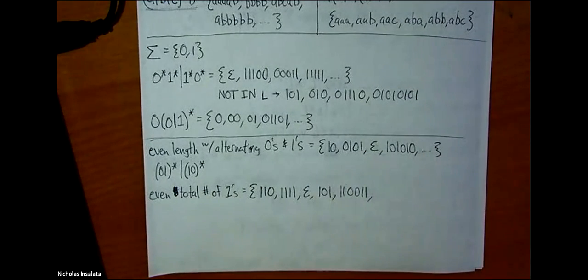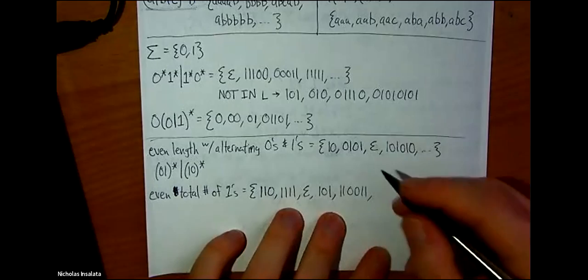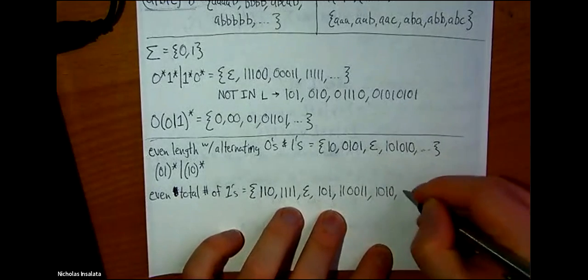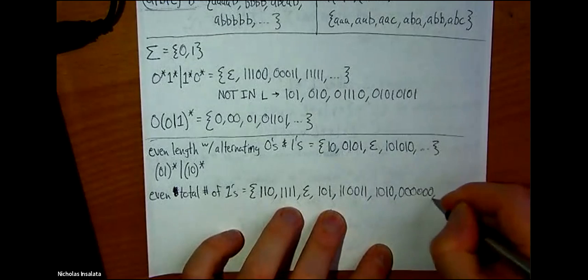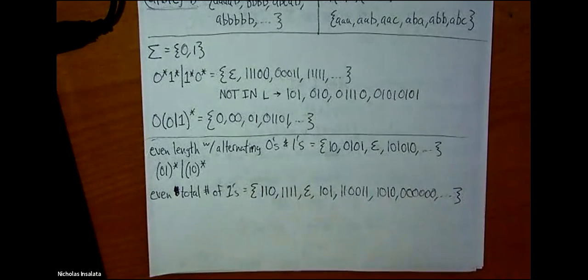One more. Okay, 2 more. Okay, great. 1, 0, 1, 0. Great. 0, 0, 0, 0, 0, 0. Awesome. Okay, so there's a bunch of good examples there.